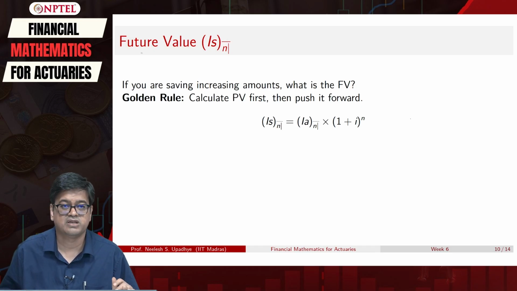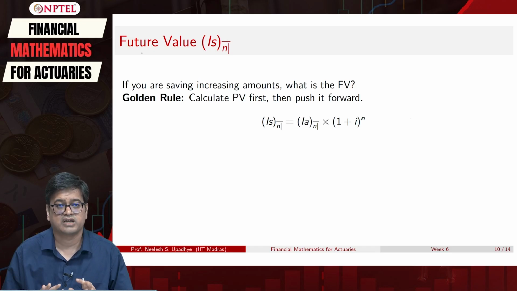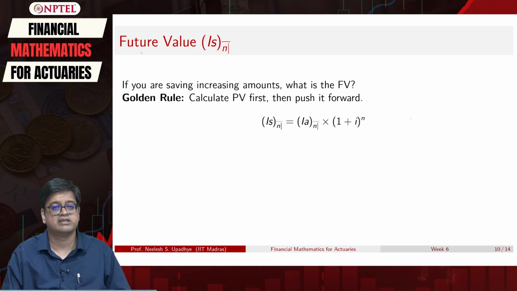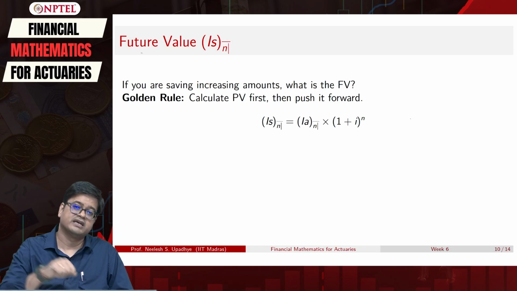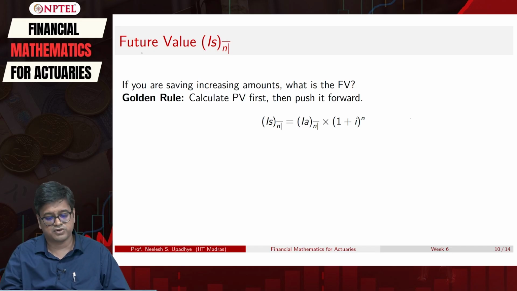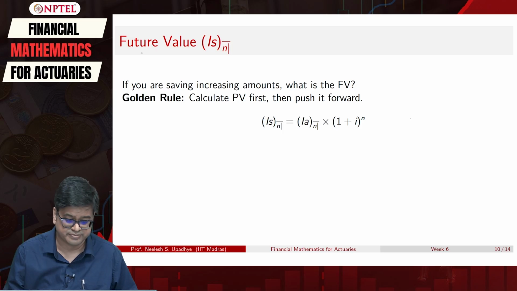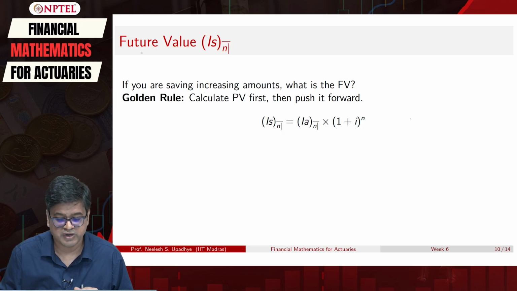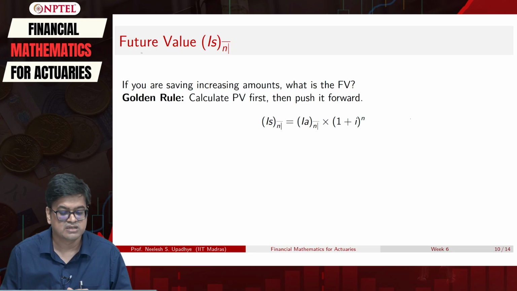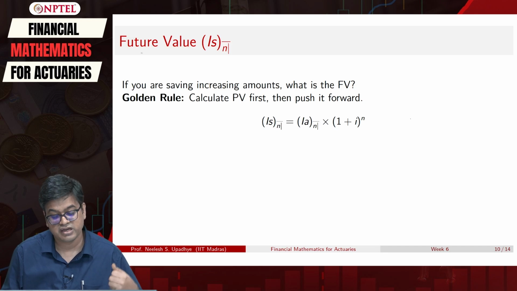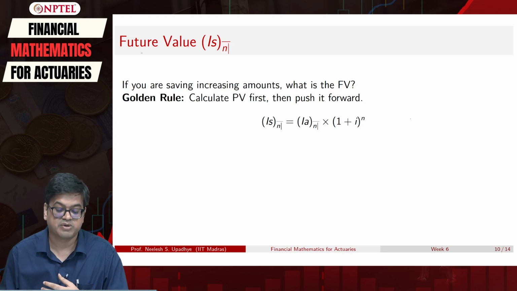One basic principle that you should stick to is, for calculating future value you calculate the present value and push it the number of time periods forward with 1 plus I. So if I have an increasing annuity for N periods and I want to calculate the future value, then I will push it by N time periods by multiplying with 1 plus I raised to N.